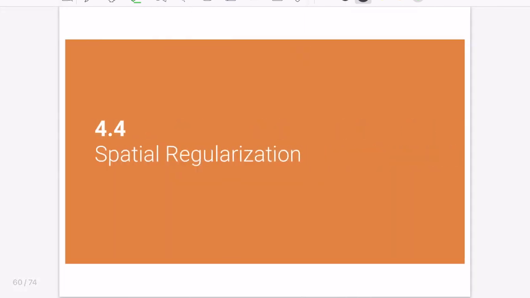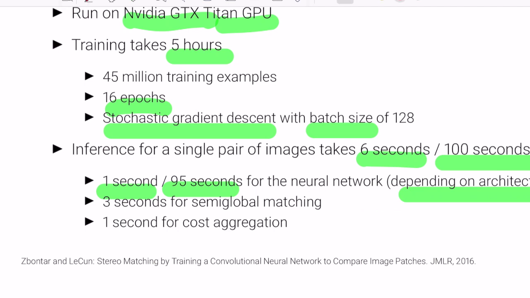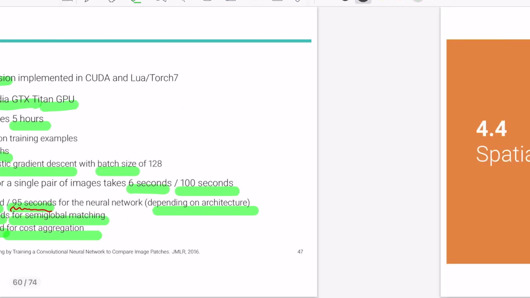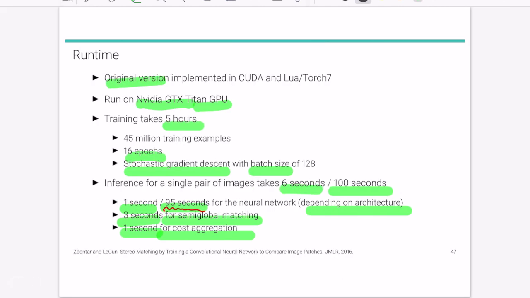I mean, the accurate one requires, let's say, 95 times more computation time, and 3 seconds is required for semi-global matching, or the SGM, while 1 second is needed just for the cost aggregation, but I'll just skip this one. Right, so this is MC-CNN. So MC-CNN was the first learning-based model for the matching problem.